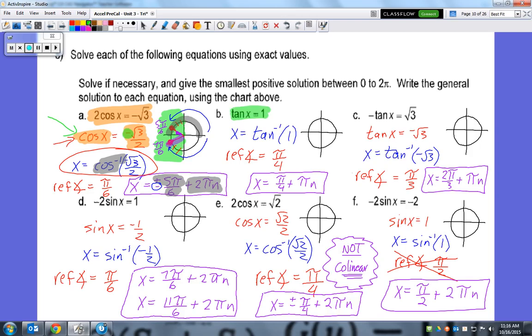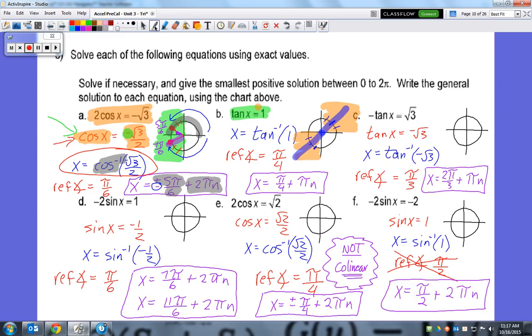So the tangent of x is 1. I would say from here, some people would like to look at it also by saying x is equal to the arctangent of 1. But here I like to look at it and say, well, what angle, if I took the tangent, I would get a positive 1? Well, I know positives exist here and here for tangent because the signs are the same. 1 would be the middle one, when I know that the x and y value are the same number.